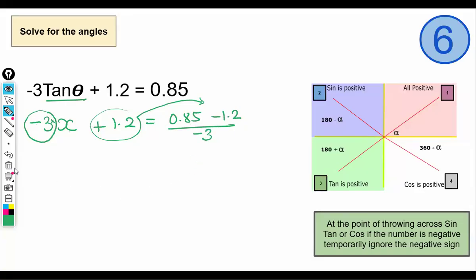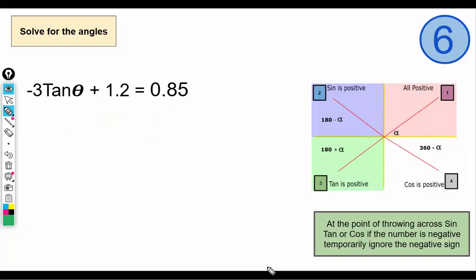It's the same concept here. We're trying to get theta on one side and everyone else on the other side. So the first person you have to throw across is the positive 1.2, just like a normal, regular, boring algebra equation. When you throw across positive 1.2, you're going to get minus 1.2. Everyone take down that first line.